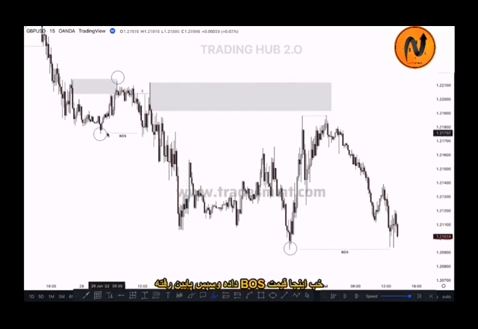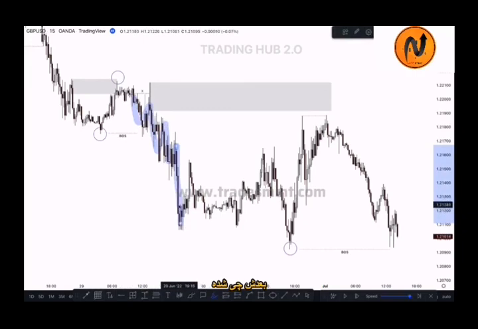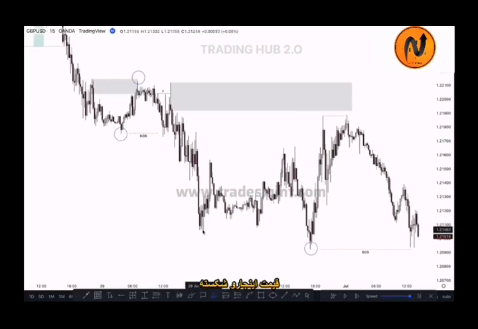So in this case, market breaks the structure and pushes downside something like this, correct? And then what happened? Price ranging between this high and low, correct? Then market breaks this structure, and some people say this is a break of structure.